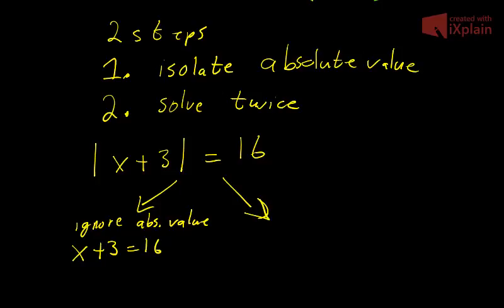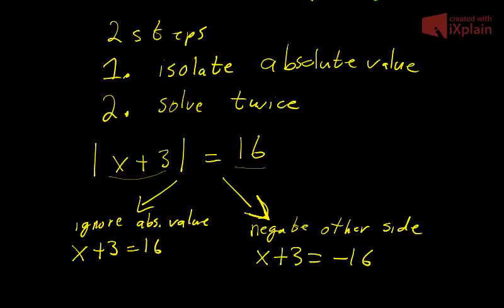My other chunk, I'm going to negate the other side. The reason for that is if x plus 3 is negative 16, this also works. So I have x plus 3 equals negative 16. Then what's inside here would be negative 16, and the absolute value of negative 16 is definitely 16.